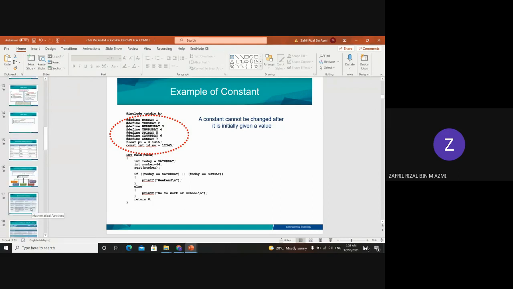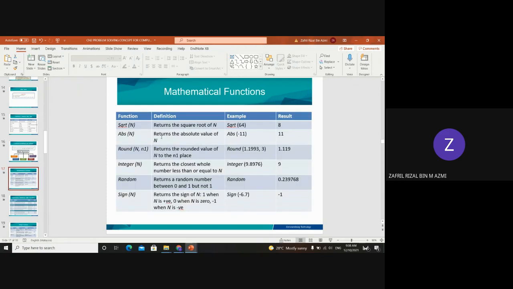Okay, this is an example. So there are others. For example, this is round. You need to read the description on how to use the function round. For example, it returns the rounded value of n to n1 place. So this is the syntax example. n is the number that you want to round.